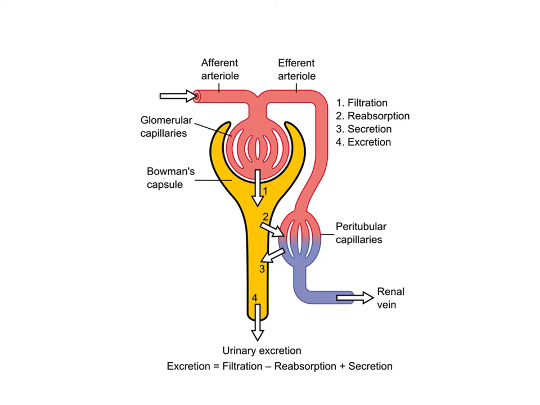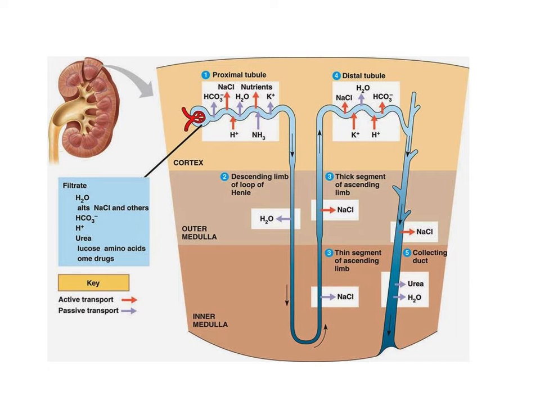The second one is reabsorption. If you look at this, this is the functional unit of the kidney, a nephron. In this picture, you can see various parts of the nephron, and various molecules are absorbed in different concentrations. The proximal convoluted tubule absorbs almost all solutes.